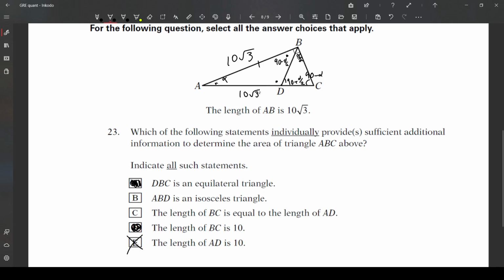On the same side of things, because really what you need is BC, something equivalent to knowing BC.